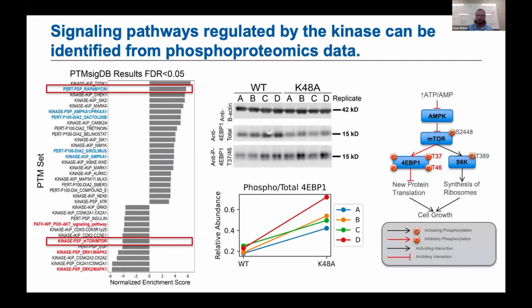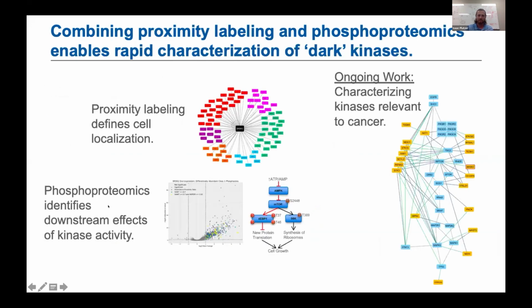So to summarize, we're using two different techniques, proximity labeling and phosphoproteomics. The proximity labeling allows me to identify physically where in the cell a kinase is localized.